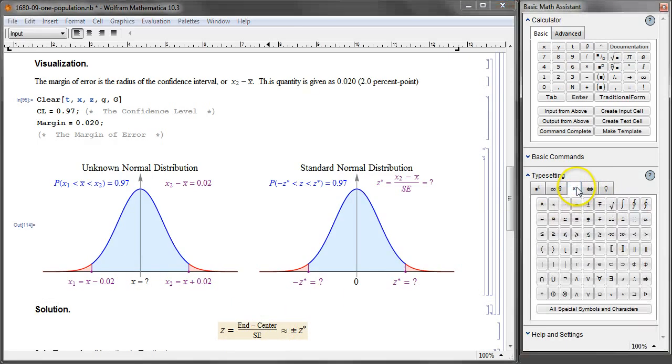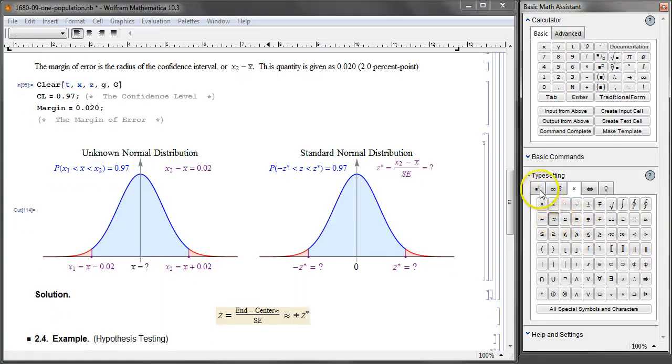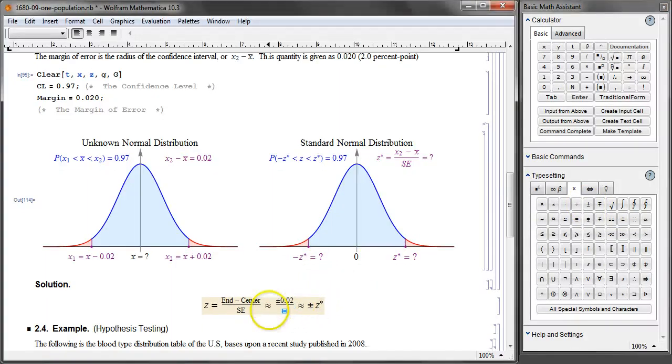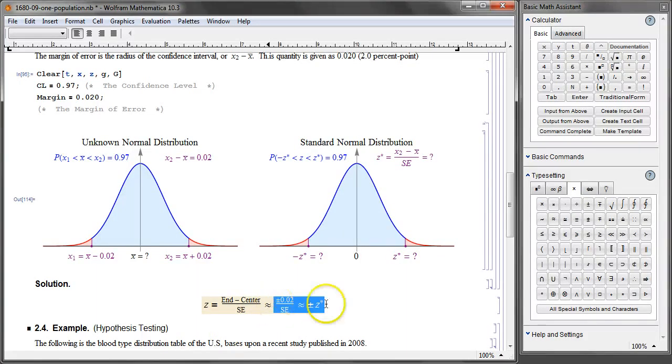So the numerator is going to be plus or minus 0.02 because we want 2% over the standard error. We're going to end up with this kind of equation here.